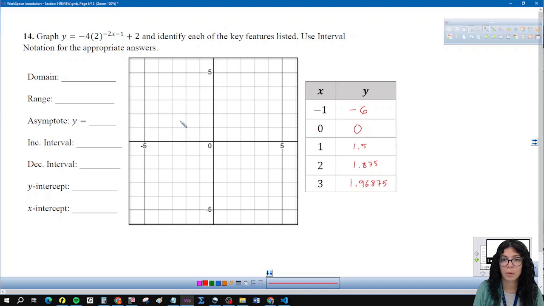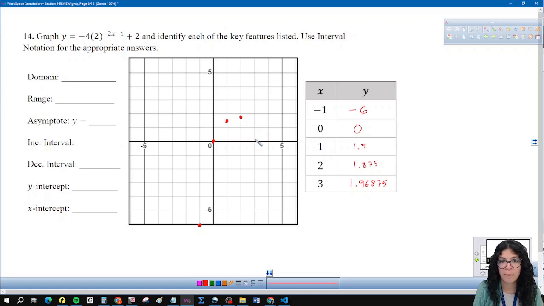So negative 1 and negative 6, 0, 0, 1 and 1.5, 2 and 1.875, which is really close to 2, but not exactly 2 yet.